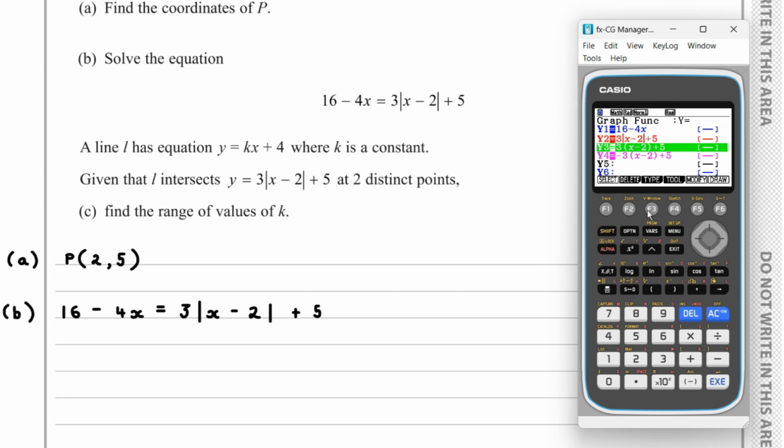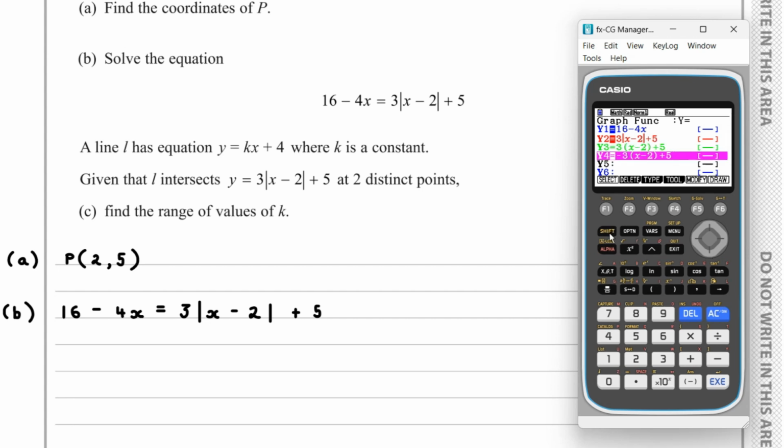If we hide this graph, that becomes clearer. The red graph is the graph of 3 multiplied by the mod of x subtract 2 plus 5. And if I had negative 3 times x subtract 2 plus 5, that has an intersection point here.